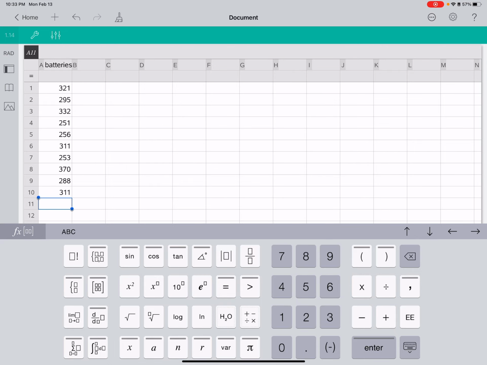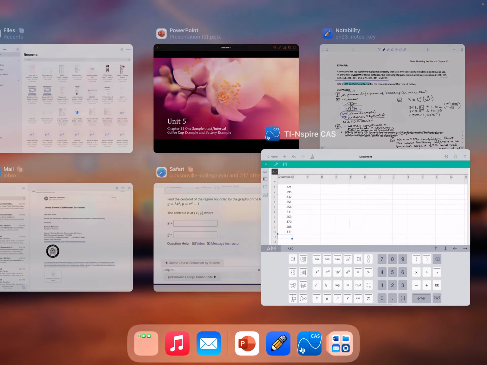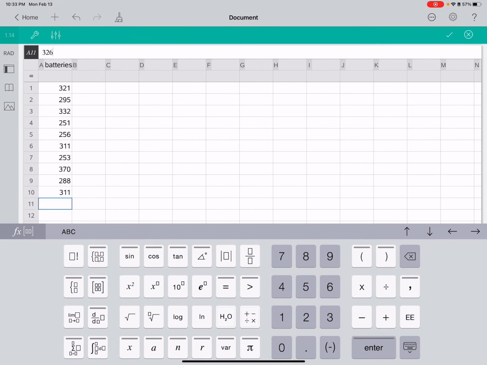I missed one, I know I did. I missed that one, 326. All right, so I've got them all in here.